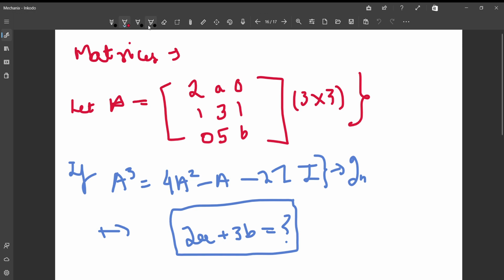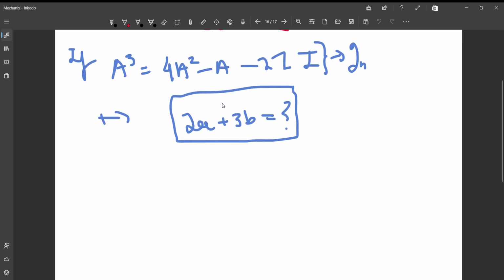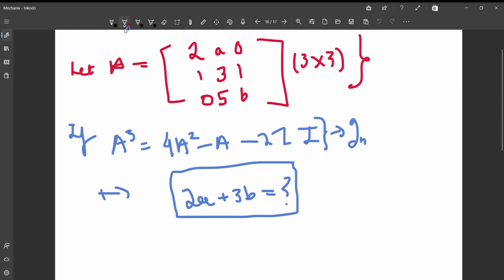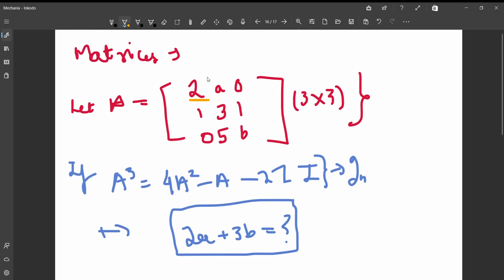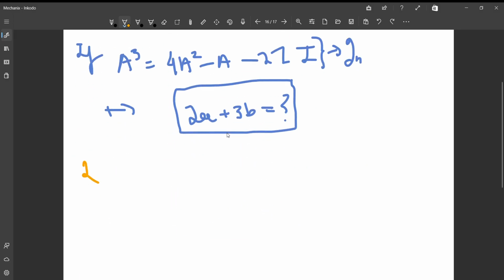Let us take this example and find its magnitude. You take 2 times, that's the first number, and then you cover out the row and column of the number you've selected, and multiply the diagonal elements minus the other diagonal. What we get is 2 times (3b minus 5).